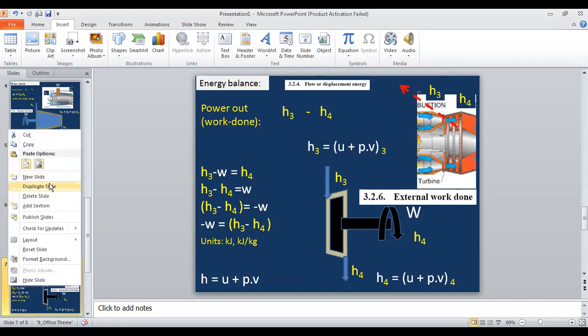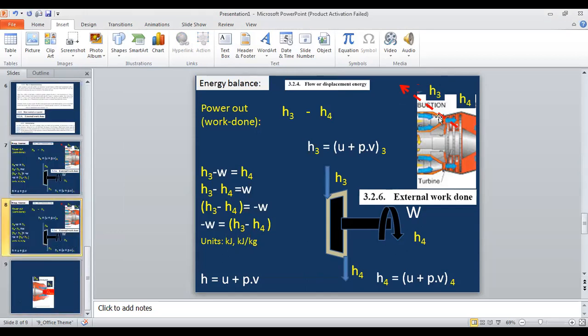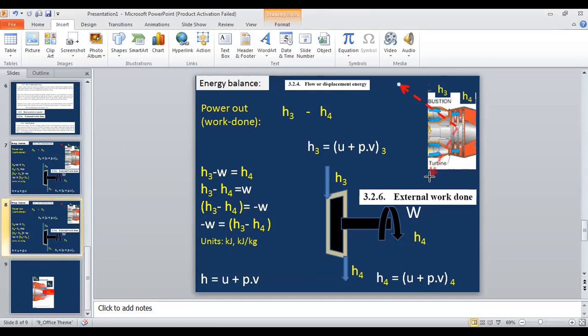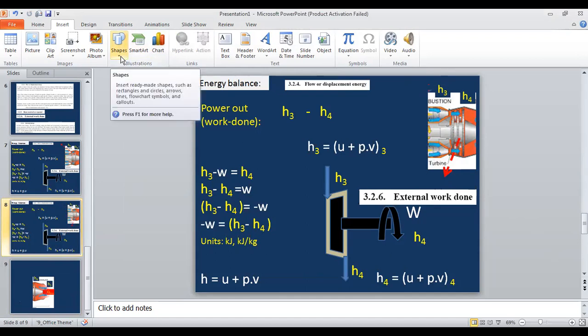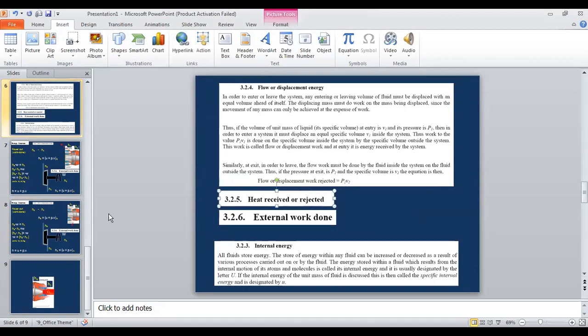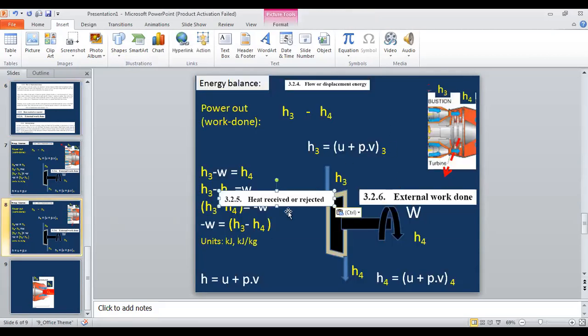Heat rejection, so it's something like a heat loss. Heat rejection, heat loss possible.